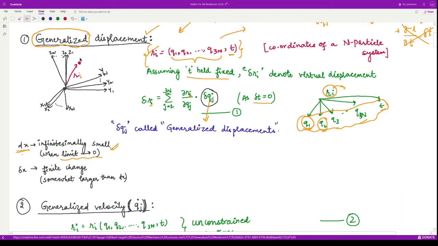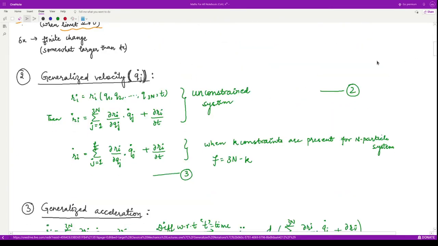So after having understood what generalized displacement is, let us now understand what generalized velocity is. In the usual sense, velocity is the rate of change of displacement. So here also the generalized coordinates are given by the qj's, right? When you differentiate qj, not partially, but completely with respect to time, we just put a dot over it to represent that derivative.